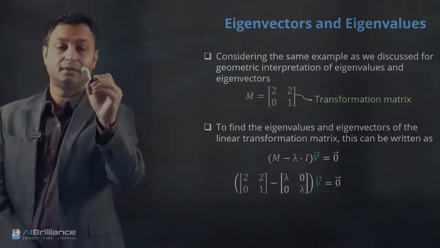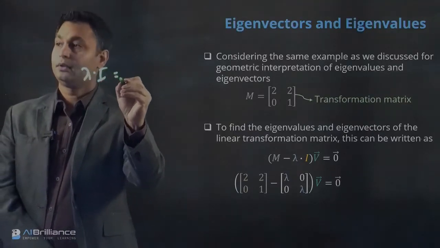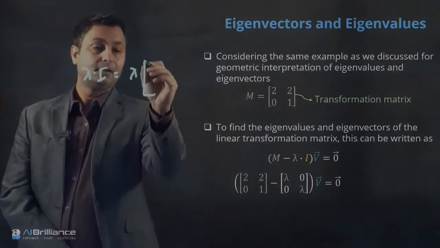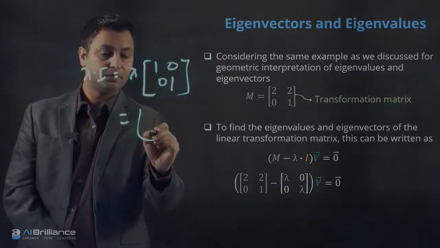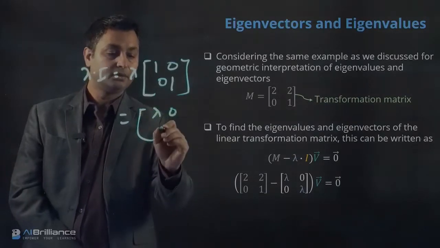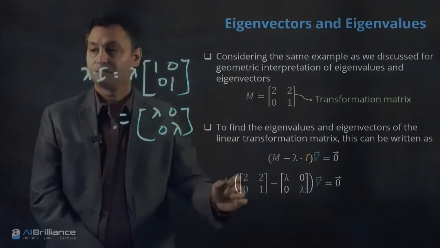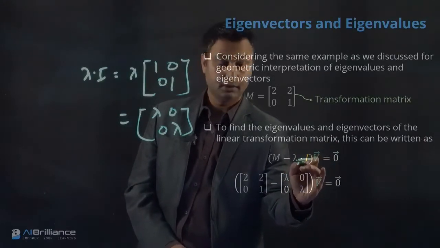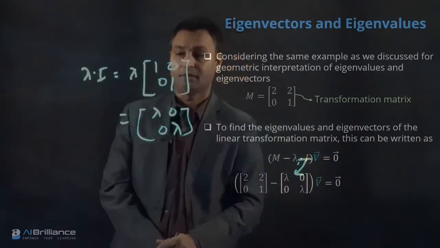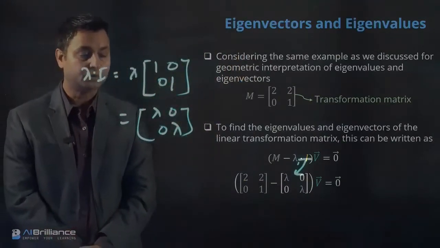Because if I take lambda times I, we know that I will be 1 0 0 1, which is the identity matrix. So if you simplify this, we have lambda 0 0 lambda, and that's how, from lambda I, which is right here, we are getting this matrix.